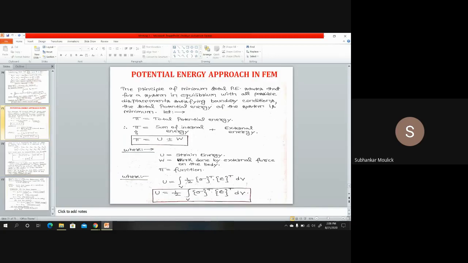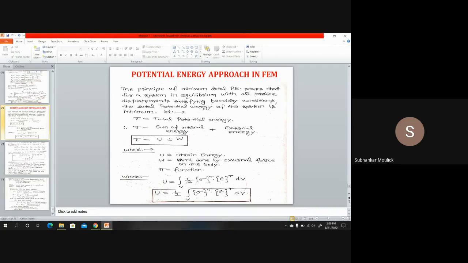I told you that the potential is the summation of the internal energy, which is the strain energy, and the external energy. What are these external energies? These are the work done by the external forces acting on the body and are negative in nature.